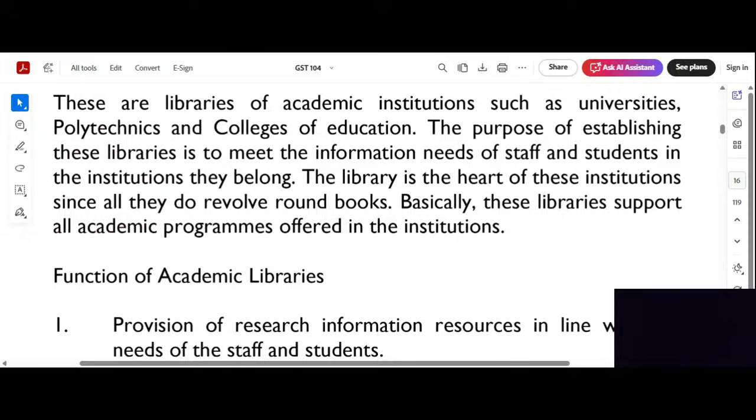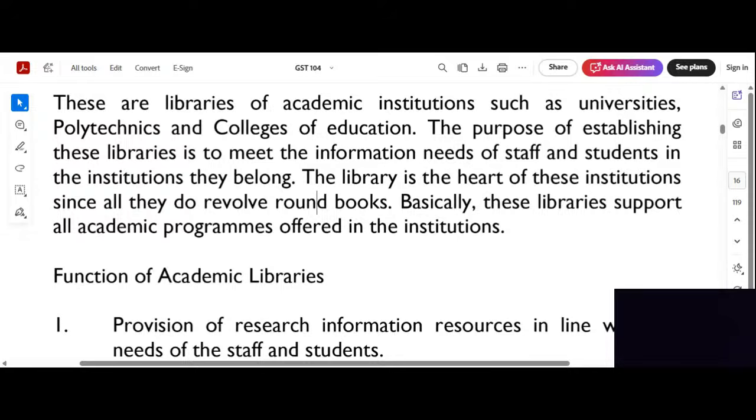There should be books, resources on all the faculties that the institution is operating on. So that makes academic library the heart of any institution they belong to, because they serve every department in that institution.